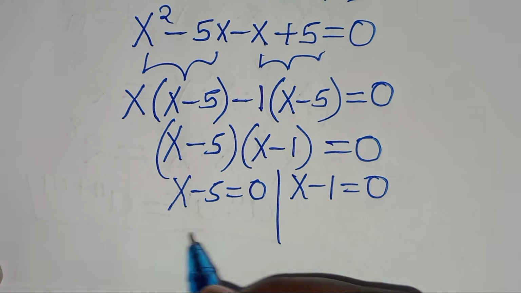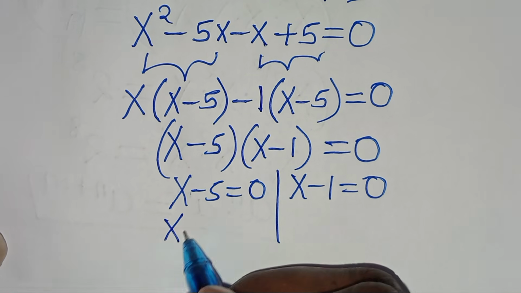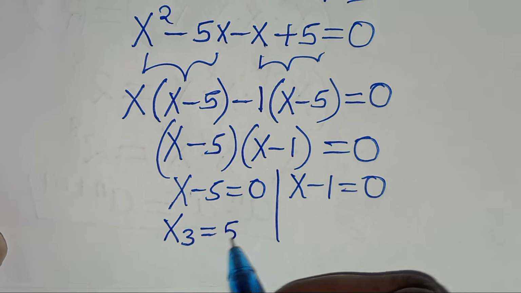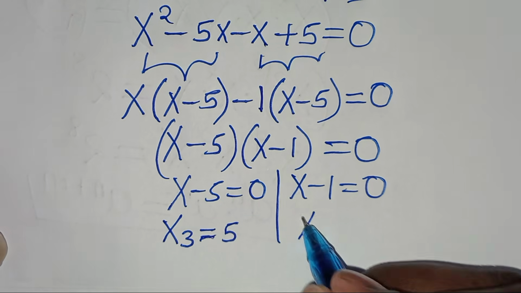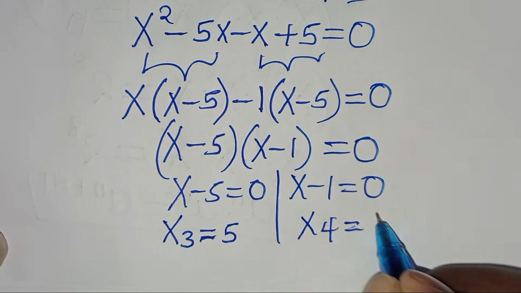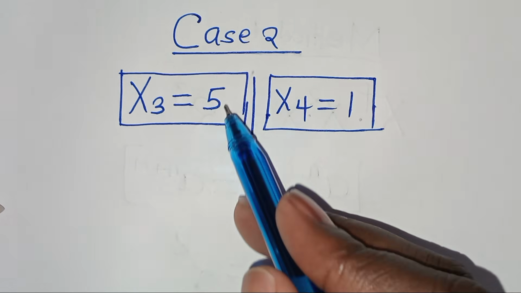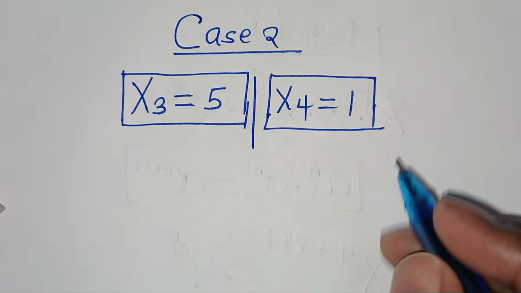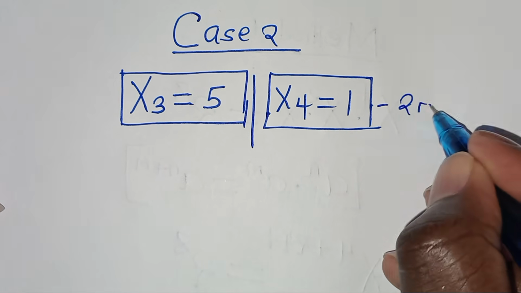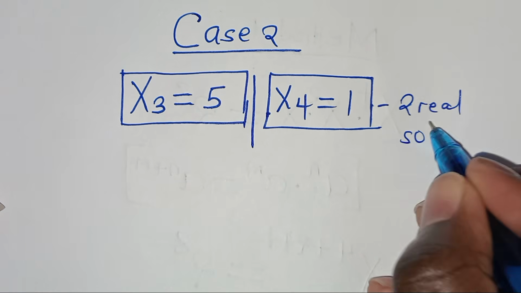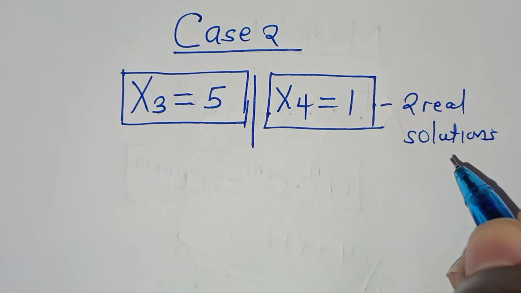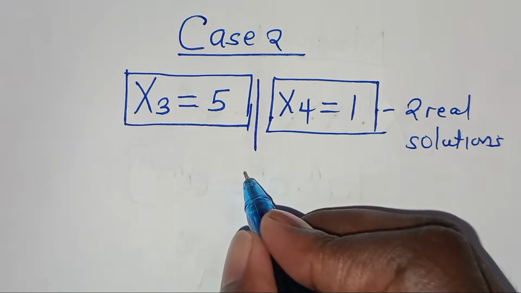So essentially, x3 is equal to 5, and x4 is equal to 1. So these are two real solutions. And this totals to 4 solutions.